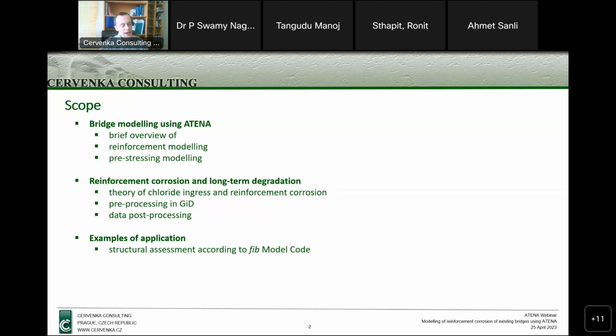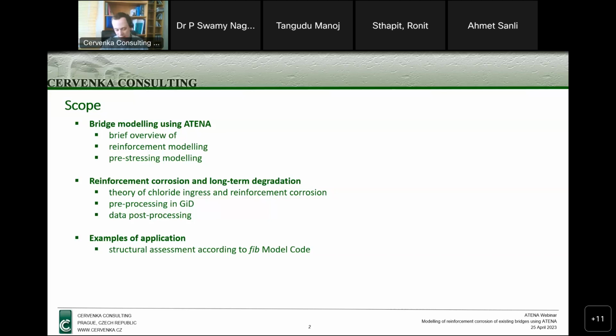Then I will move to the second part of the presentation and of our webinar, which is devoted to reinforcement corrosion and long-term degradation. I will give you some quick theory, and then mainly focus on pre-processing using the GiD software and data post-processing in ATENA Studio.